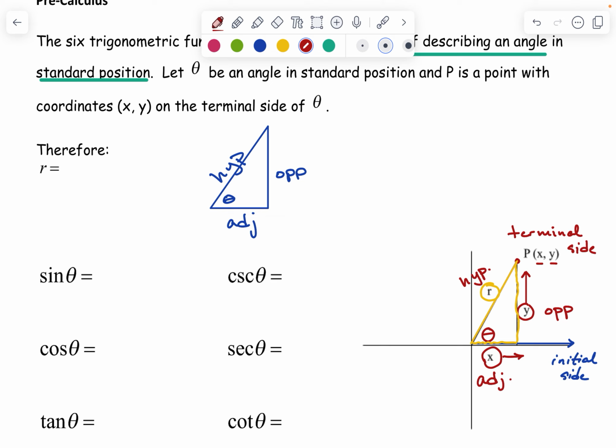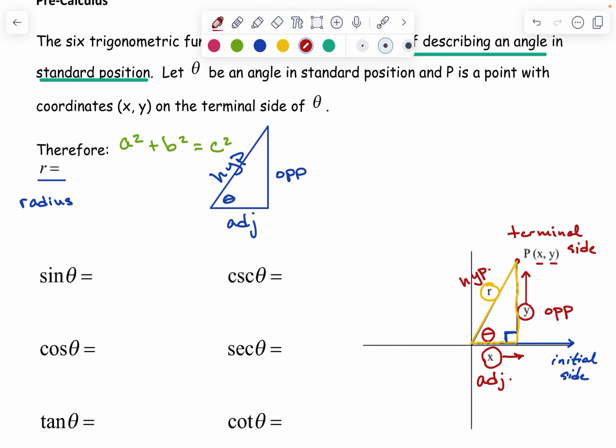As we start thinking about them this way, we need a way to find r, which is our radius. Let's forget the plane, the x, y, r, all that stuff. If I just asked you to find the missing side of a right triangle, you would probably use the Pythagorean theorem.